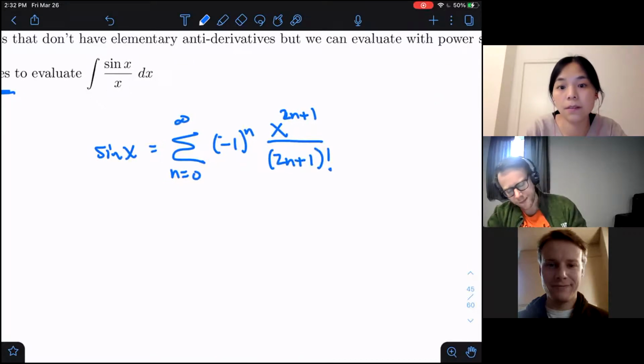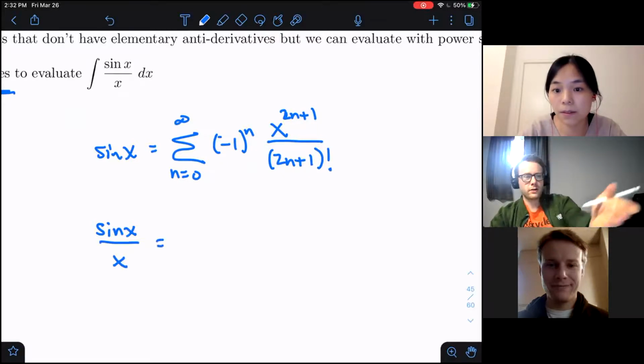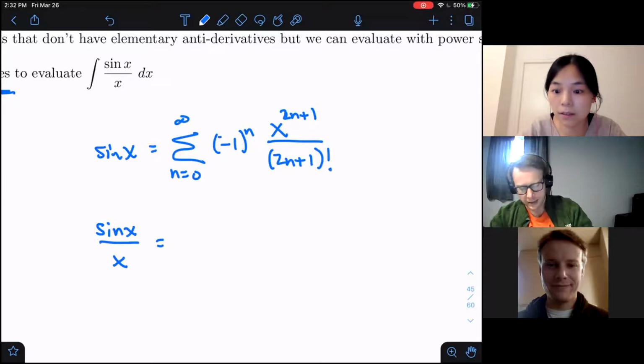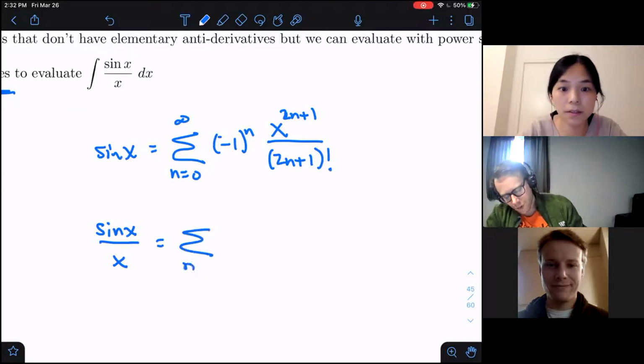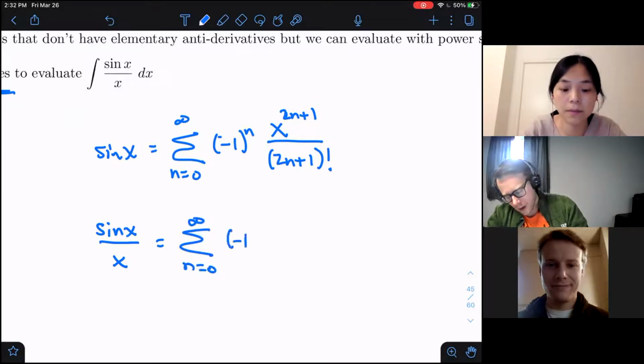The next thing, there we go, the iPad wasn't responding. We're going to divide through by x. We're building up the function that we're tasked with integrating here. So if I divide through by x, I'm going to push that inside of my sum, and I'd like to argue that this just becomes x to the 2n.